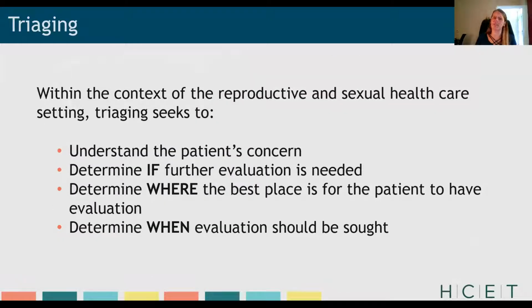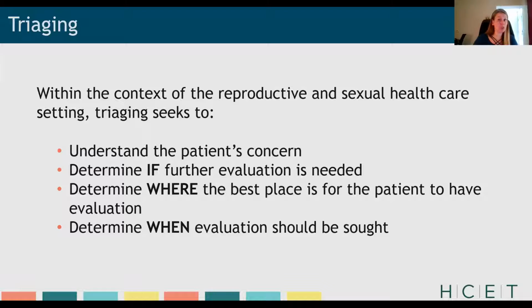Within the context of sexual and reproductive health care, I think triaging takes a little bit different form. However, it's still seeking to understand the patient's concern. You're determining if that patient needs further evaluation. Triaging helps to determine where the best place is for that patient to get that evaluation, whether it's at your organization or somewhere else, and also when that evaluation should be sought.